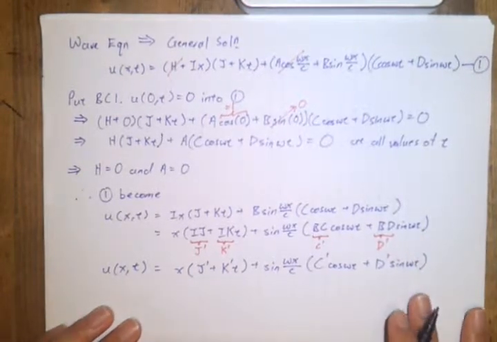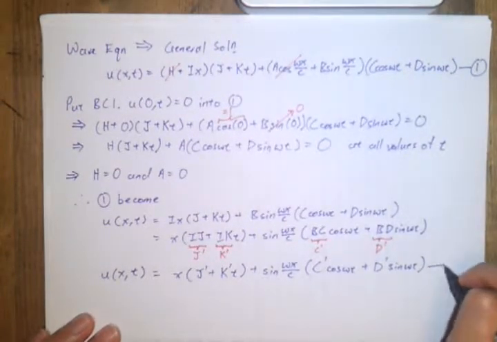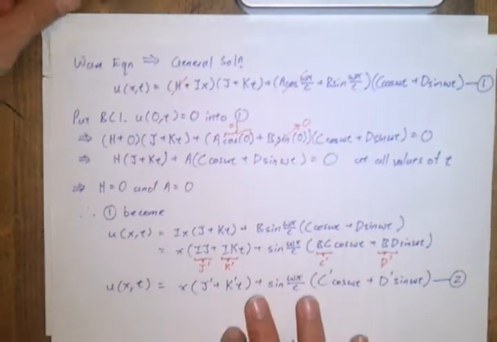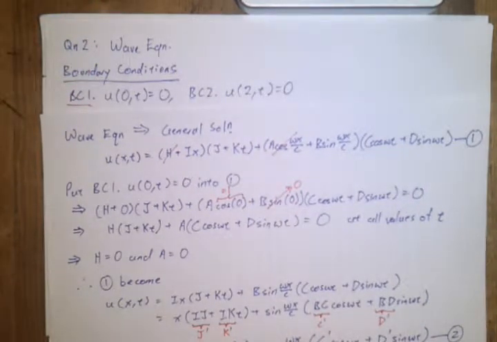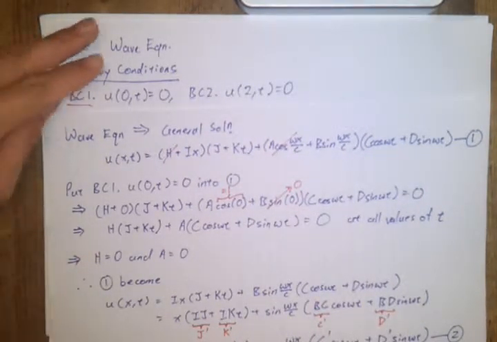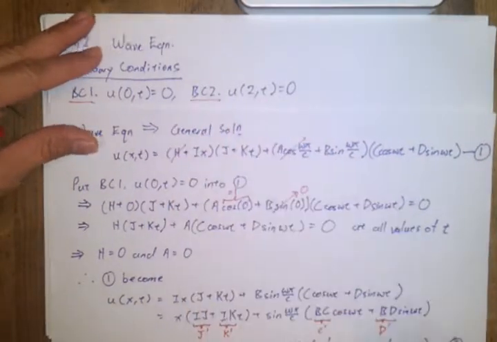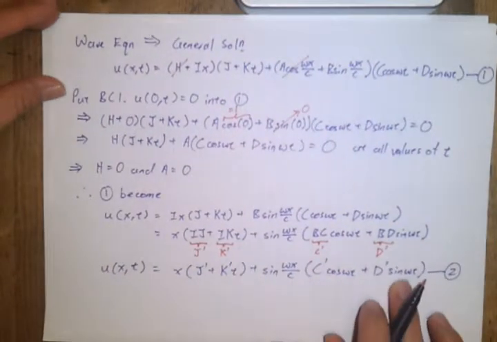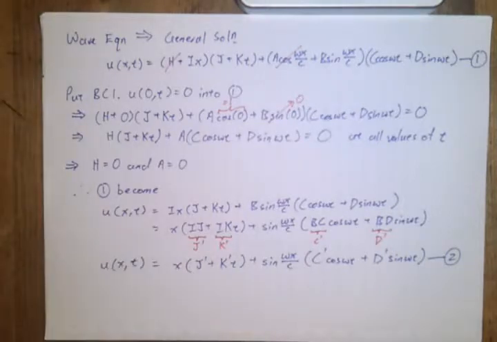Okay, so now I've simplified my solution, equation 1 to equation 2. And I've done this by applying my first boundary condition, boundary condition 1. Right? So my next step is then to apply boundary condition 2. I'm going to apply boundary condition 2 into my new solution. So let me do that on the next piece of paper.